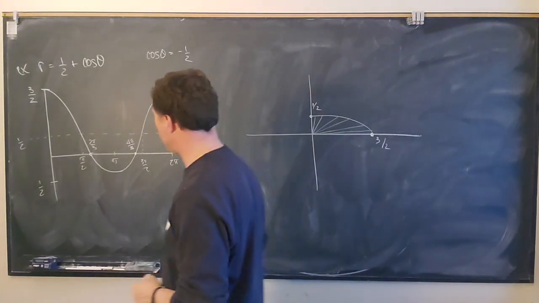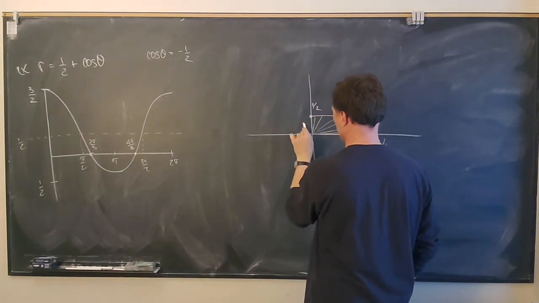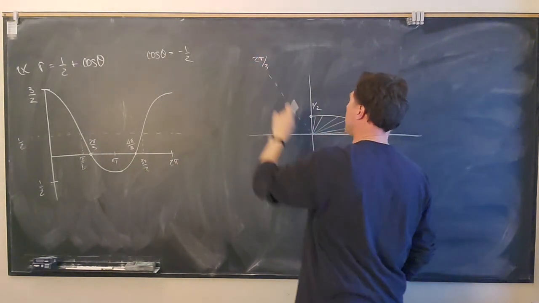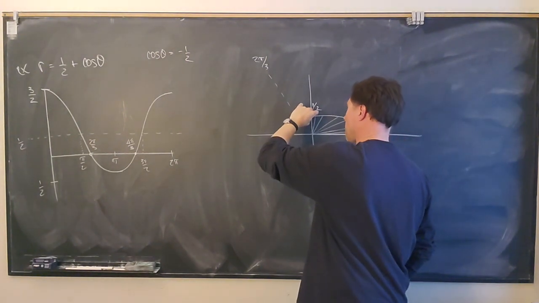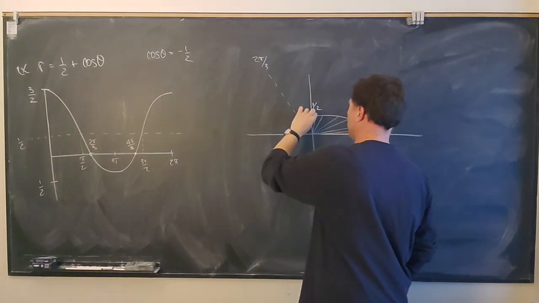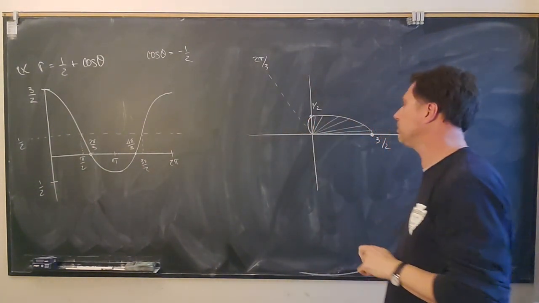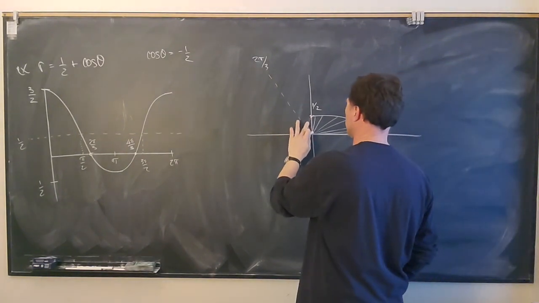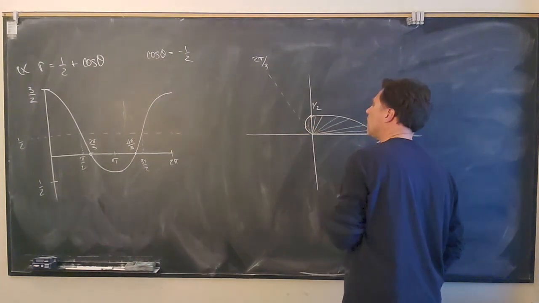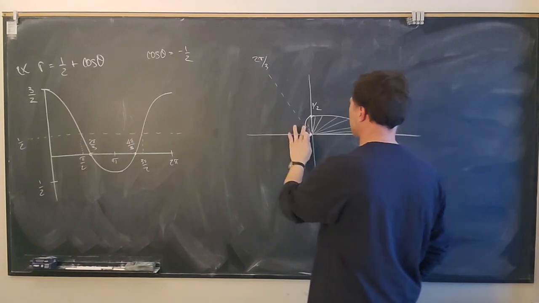Then as we go from pi over 2 to 2 pi over 3, right, so that's an angle of 2 pi over 3 here, our radius is going from 1/2 to 0. Looks like that. I need to stay inside there, sorry.